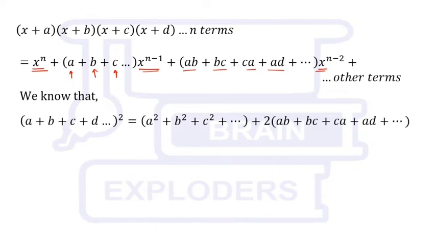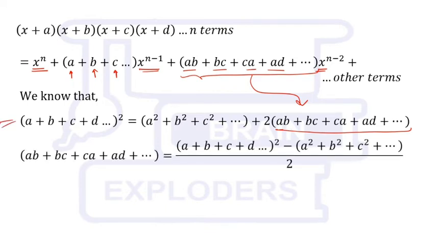Here, this bracket in the multiplication of 2 is the same as the coefficient of x raised to the power n minus 2. From this expression we can write it as (a plus b plus c plus d and so on) whole square minus (a square plus b square plus c square and so on), divided by 2.